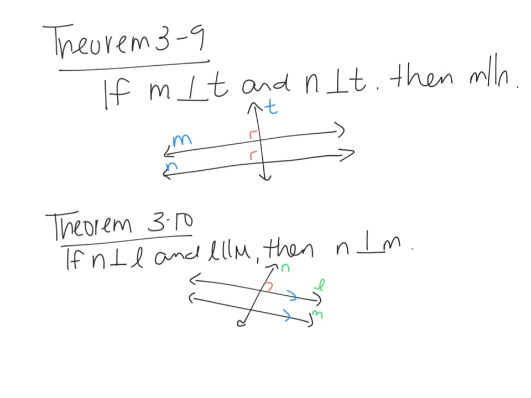So if M is perpendicular to T and N is perpendicular to T, then we know that M is parallel to N. And then for the last theorem, 3-10, in a plane, if a line is perpendicular to one of two parallel lines, then it is also perpendicular to the other. So if N is perpendicular to L and L is parallel to M, then we can conclude that N is perpendicular to M.